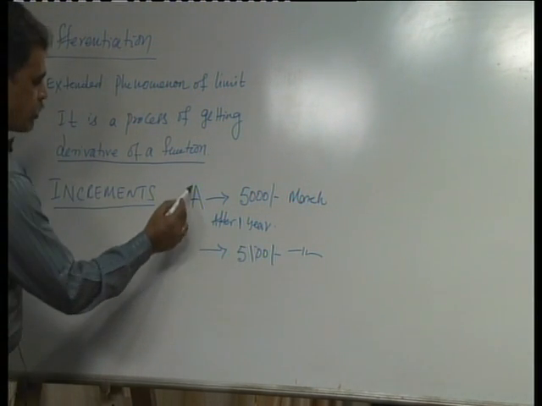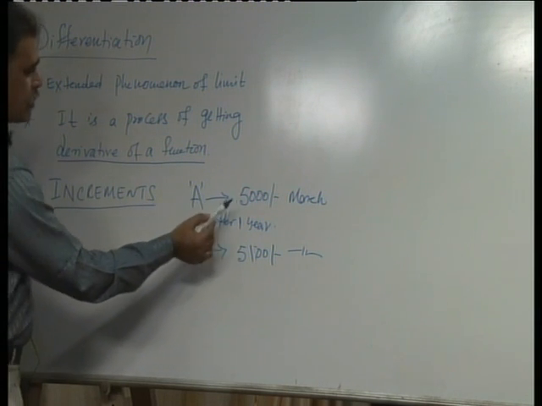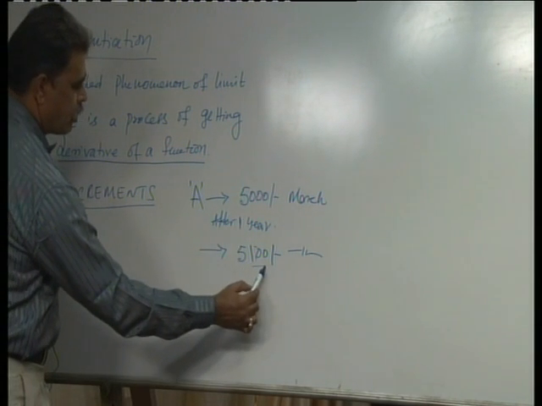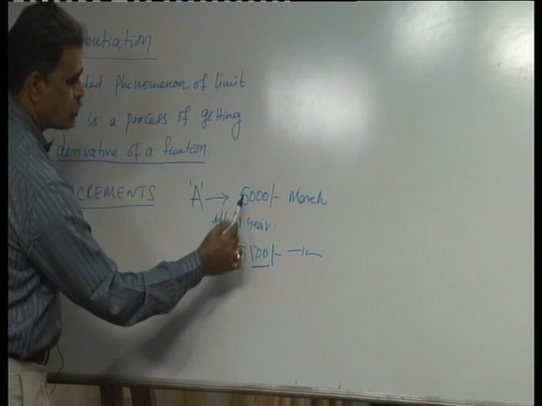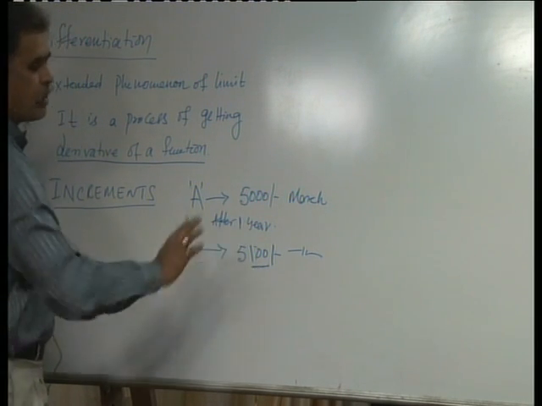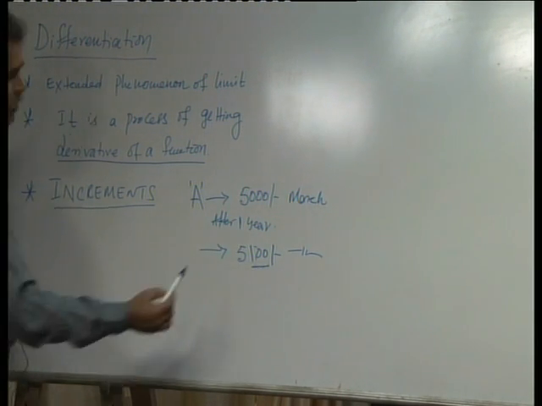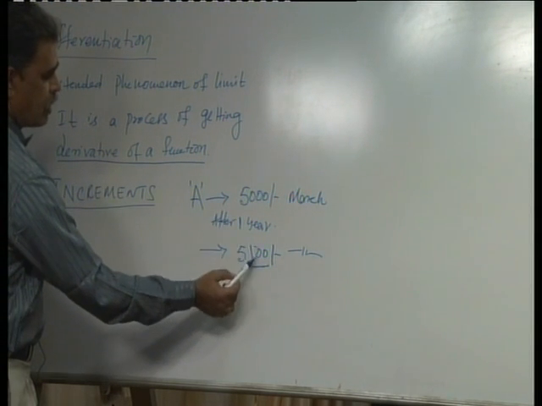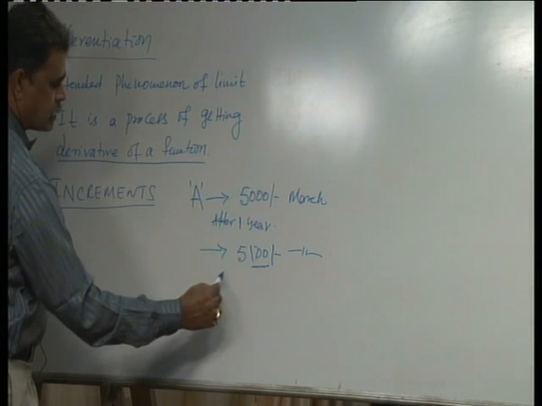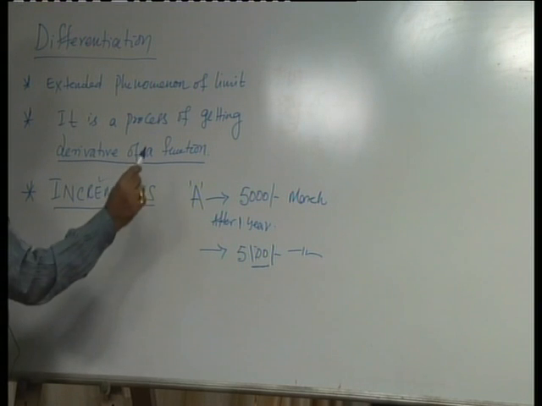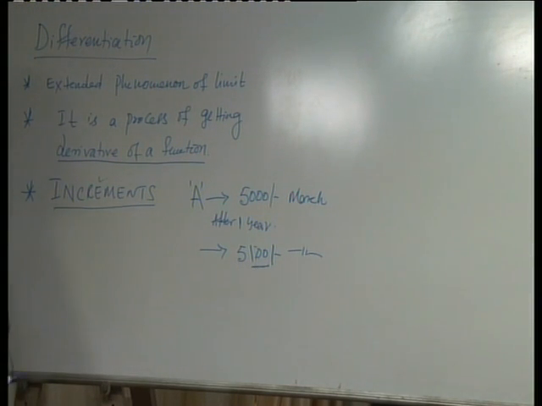So, the person's salary is hiked by 100 rupees. It is a small change in his salary. So, this small change in the salary will be called as an increment for that person.